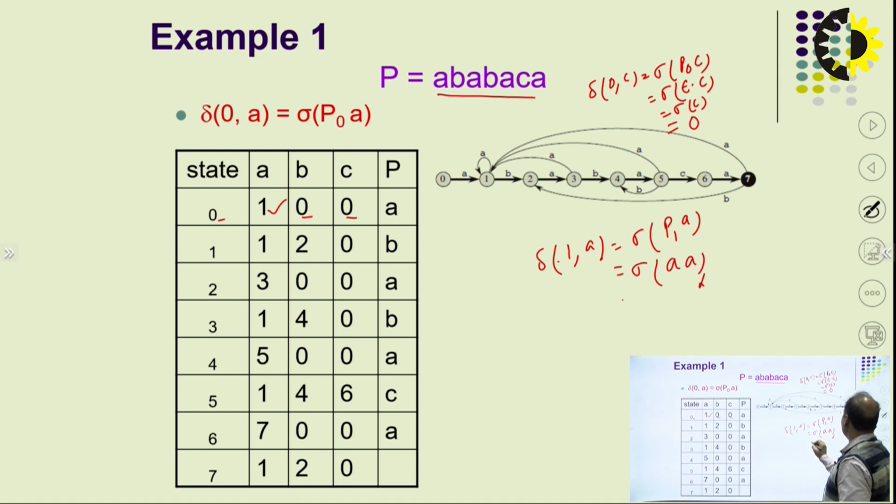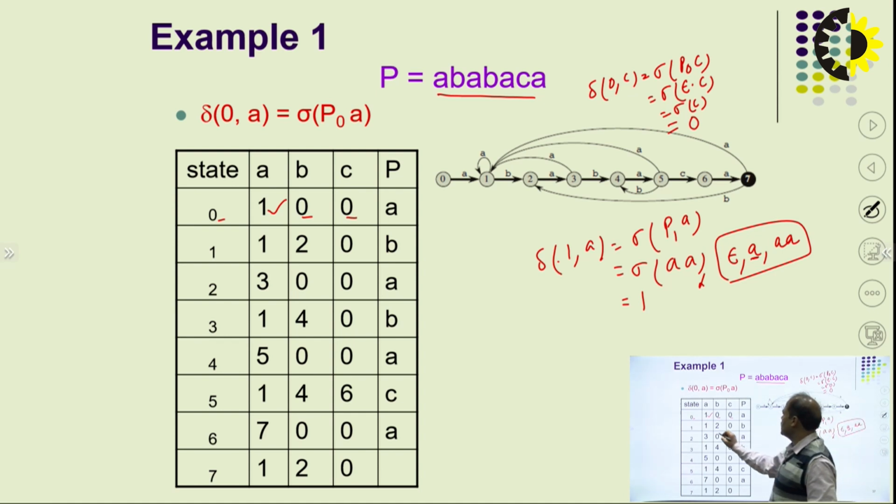What are the suffixes of aa? It has three suffixes: epsilon, a and aa. Which one is the longest suffix which is also a prefix of P? Of course, a is the longest such suffix. So its length is 1, which is why it comes as 1.